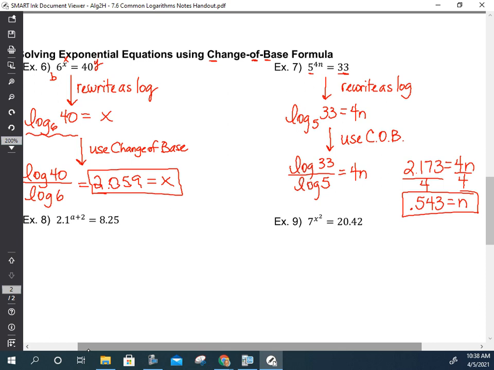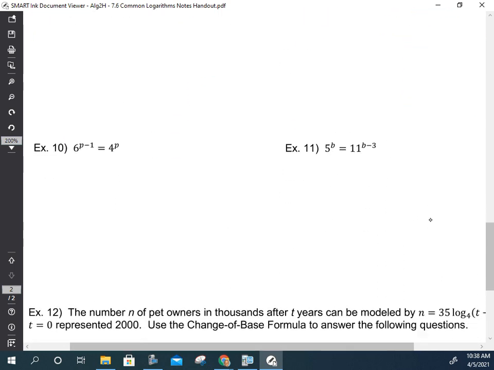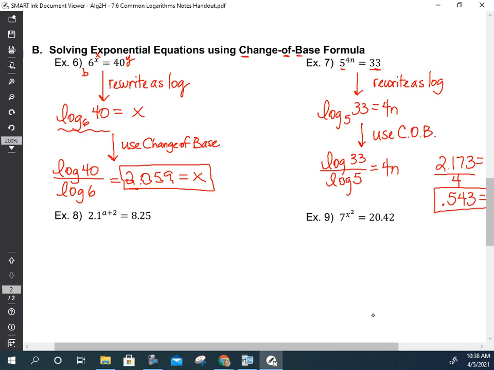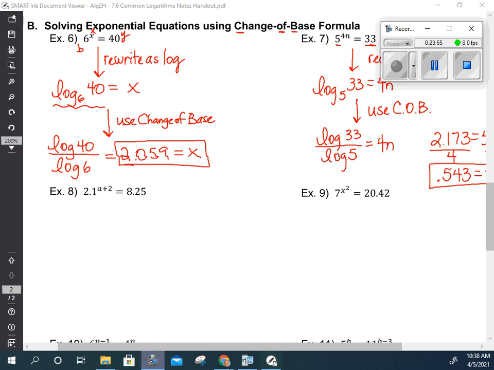So, we picked up change of base, and we've been able to use it as another way to solve equations. Tomorrow, of course, we'll finish off the other 5 examples that we have, and that will finish up section 7.6.